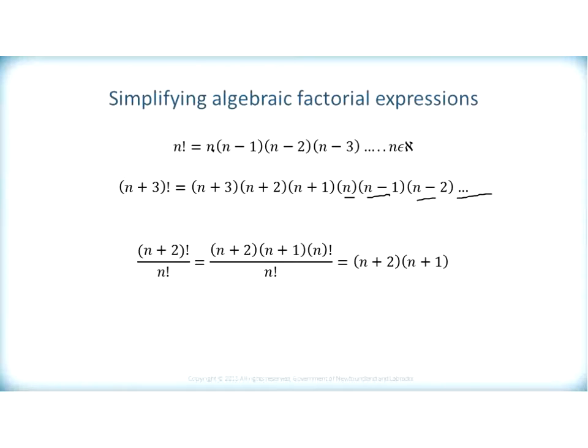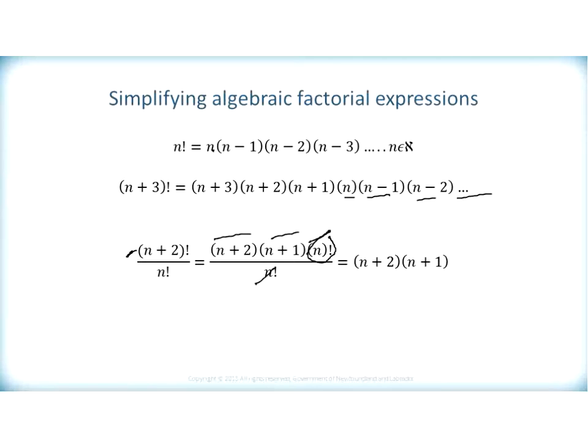If you're reducing or simplifying a factorial expression where we have n plus 2 factorial over n factorial, we have to reduce one in order to cancel with another. And n plus 2 factorial can be n plus 2, n plus 1, and then the rest could be n factorial.